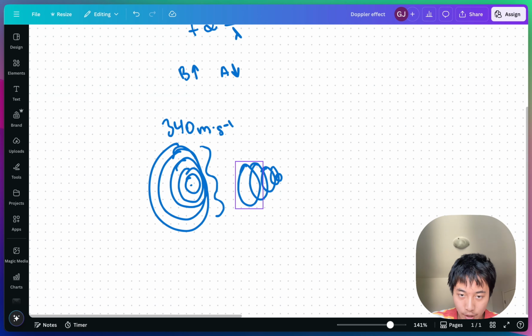And this is what they call the cone shape, because it looks like this. And so the jet is right here, let's say.